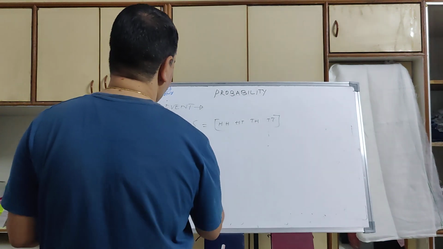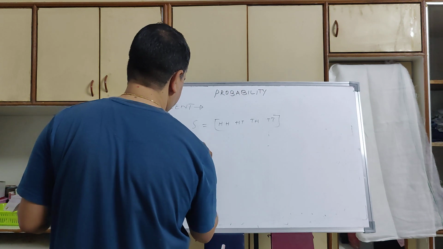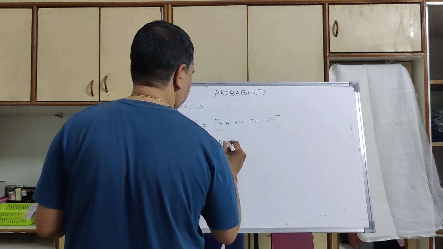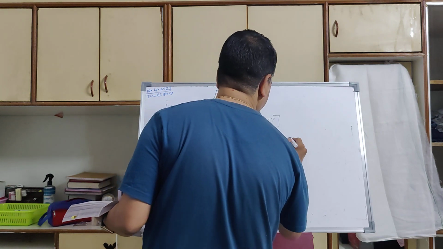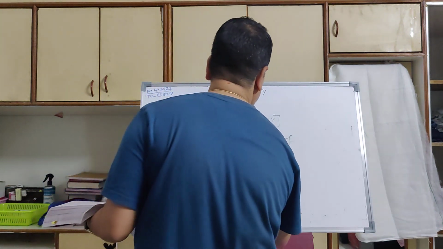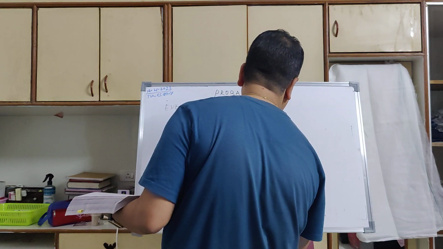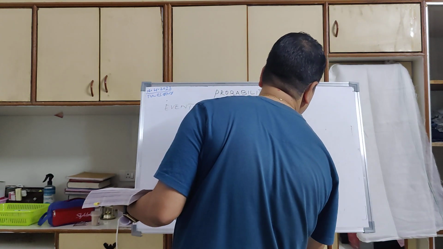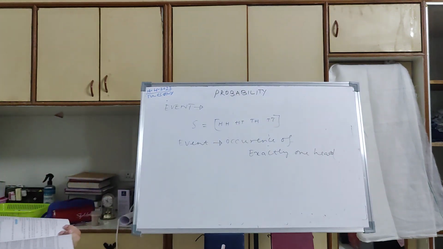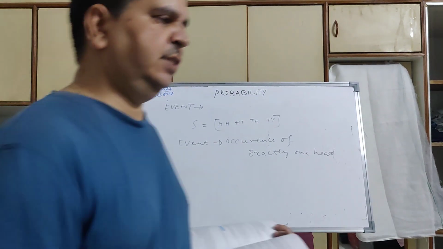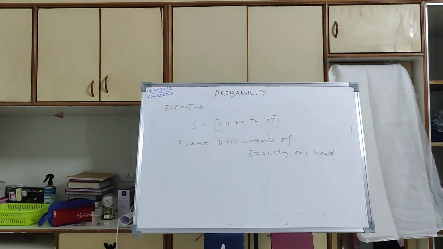So the event is occurrence of exactly one head. This is our question now. Occurrence of exactly one head. You can see which outcomes have exactly one head.